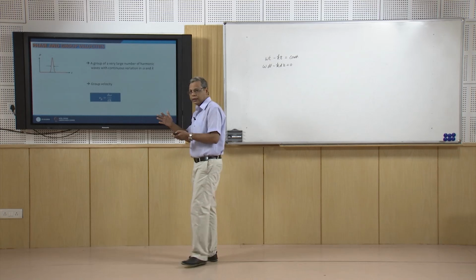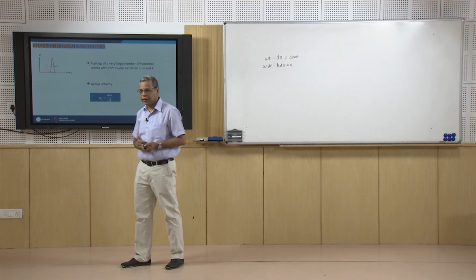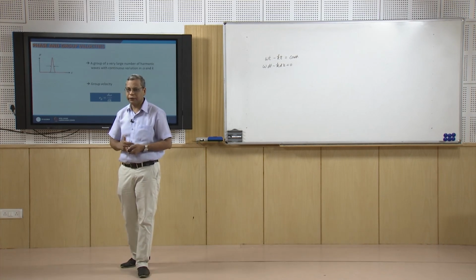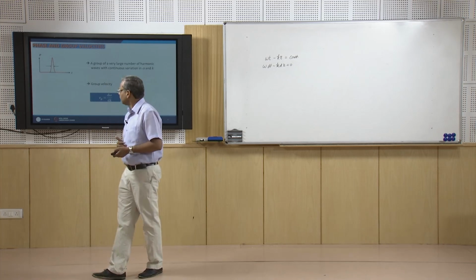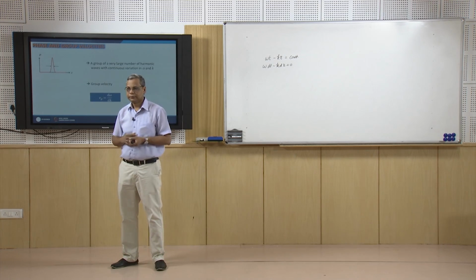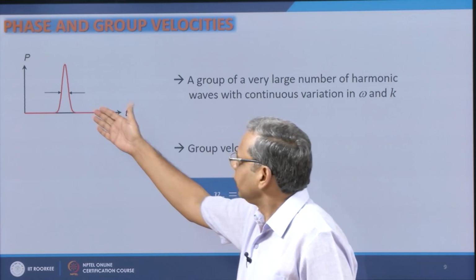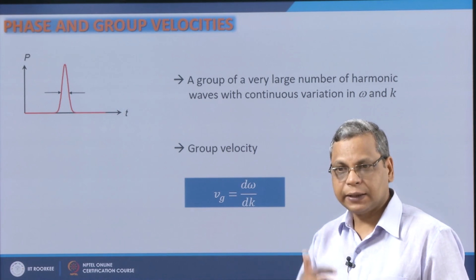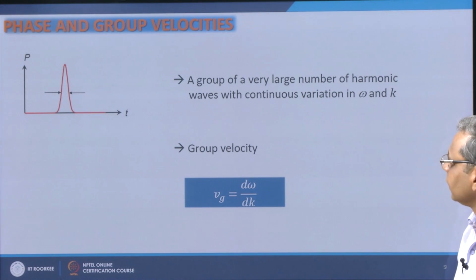So, instead of taking the superposition of two waves, I take the superposition of 100 waves and then 1000 waves, then I can find out that these groups are separated, and I can create an individual group or wave packet. This is also known as wave packet.